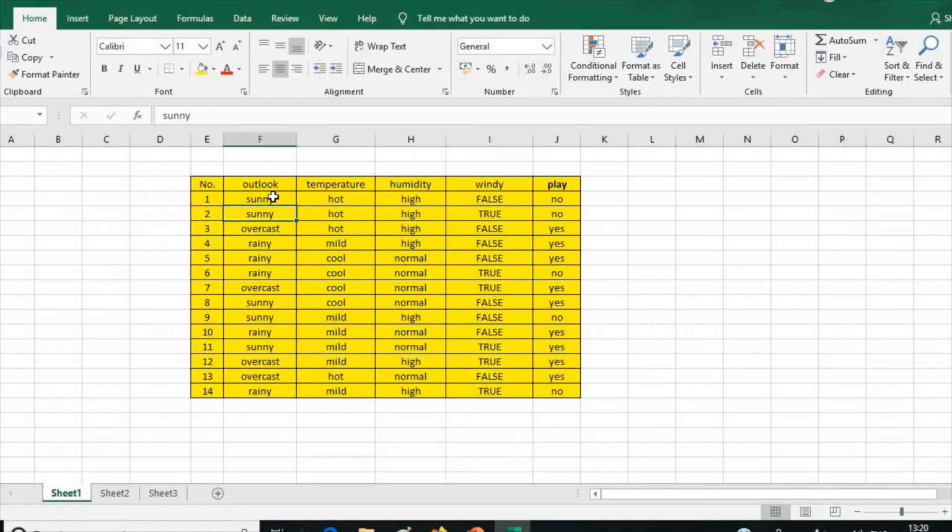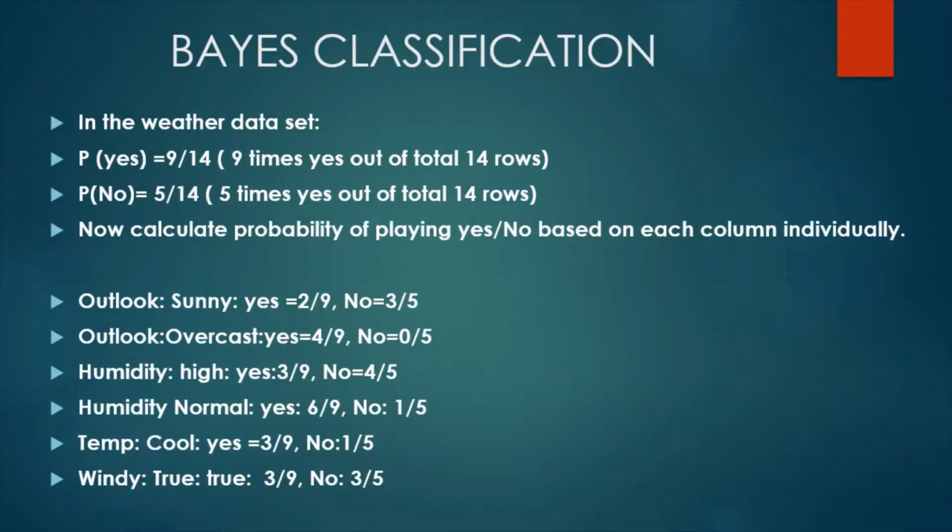In the rest of the instances, Sunny matches the play class variable. So 3 divided by 5 times no occurs, like we have seen here. So 3 divided by 5.